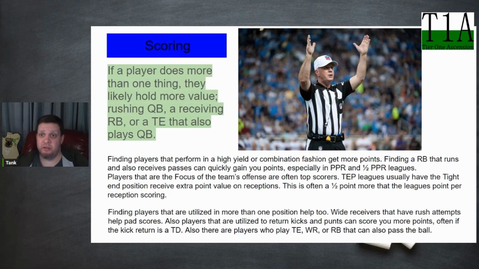So they're getting receptions, receiving yards, receiving touchdowns, rushing yards, rushing touchdowns. You're looking at a combination of stats coming together that really bolsters that player's value and gets you more points.